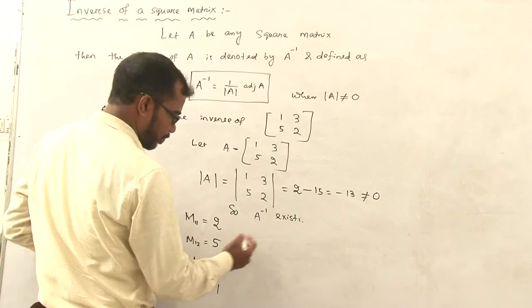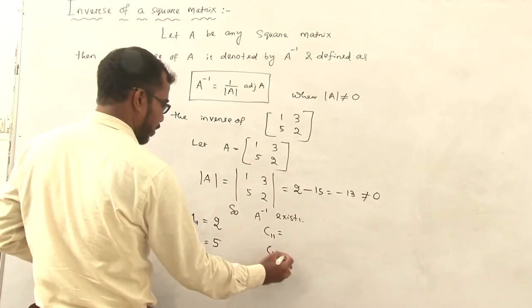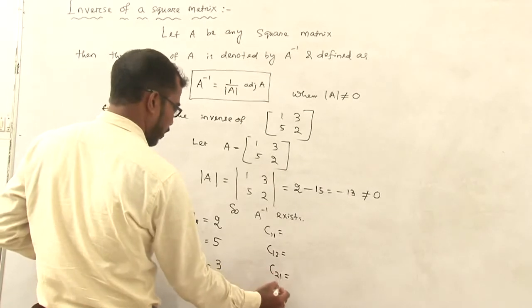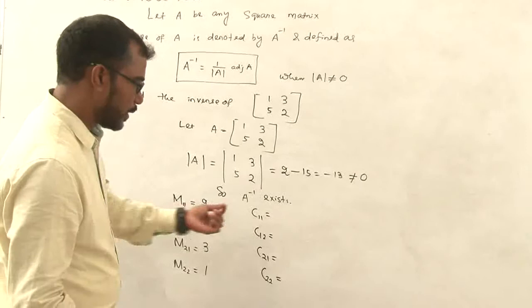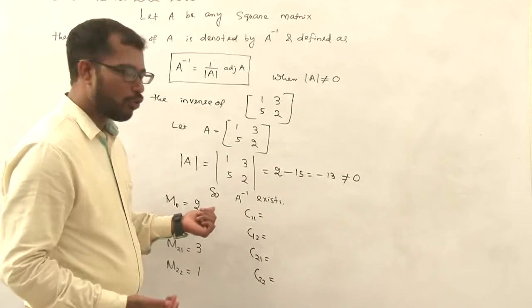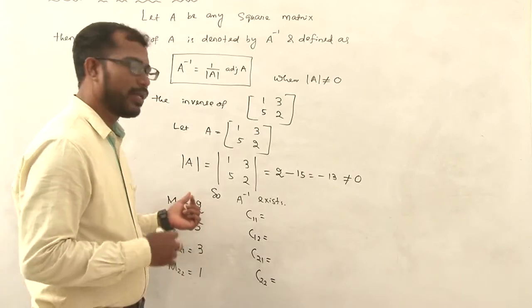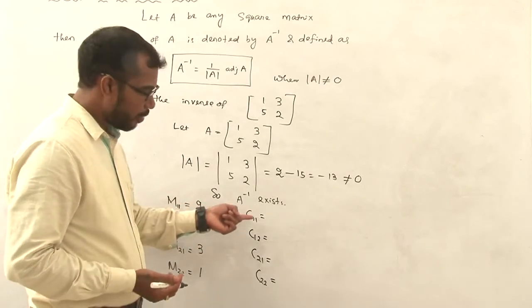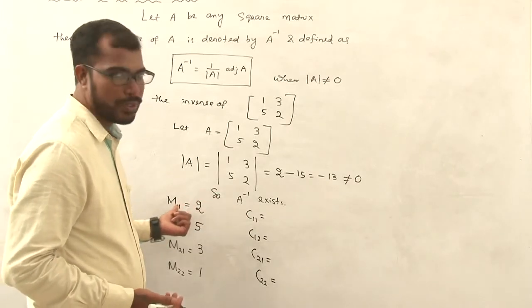Okay. So now find the cofactors C11, C12, C21 and C22. As you know, to find a cofactor, if the sum of the indices is odd, then change the sign; if it is even, then write the same value as the minor.